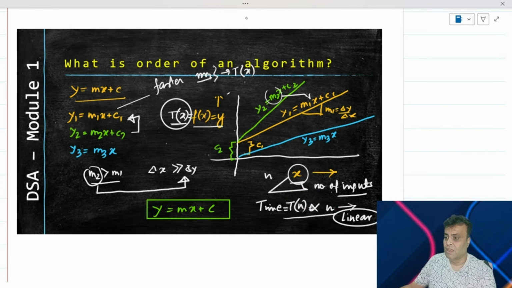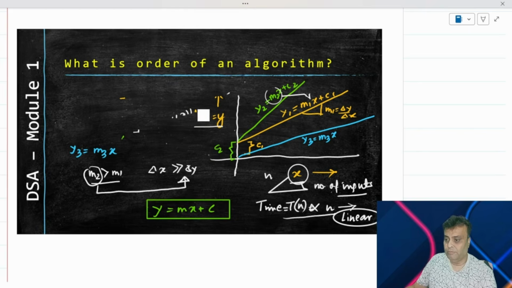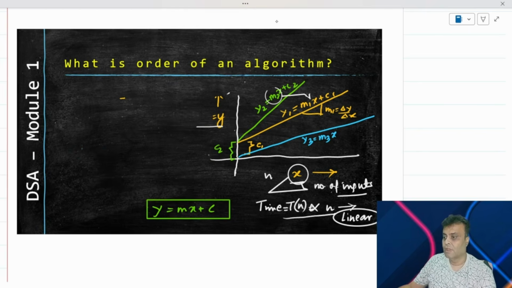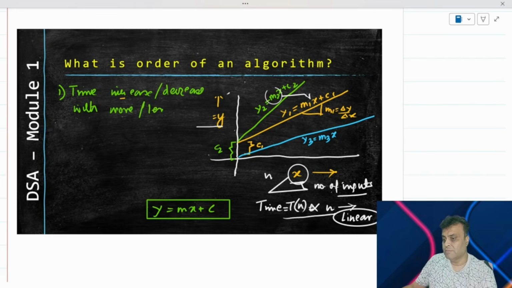One, does the time increase or decrease with more or less inputs?